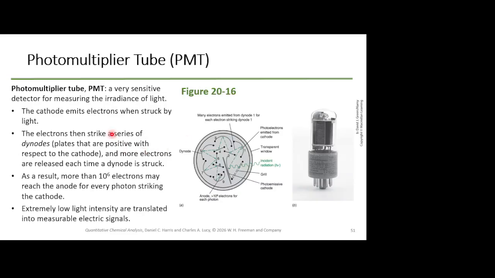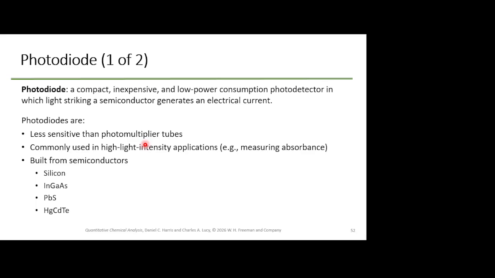Right up here. They're commonly used in high light intensity applications, such as measuring absorbance. The more intensity that you can put out, the better they are going to work. They're built from semiconductors. These are some of the most common materials that you would use for these photodiodes.